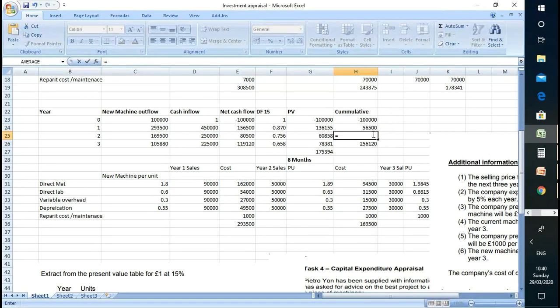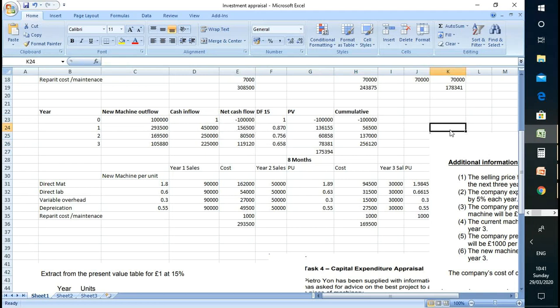Yes, now we have positive figures after equal previous plus this year. So this project's payback is only 8 months. Outstanding divided by following inflow times by 12. So which one will go?